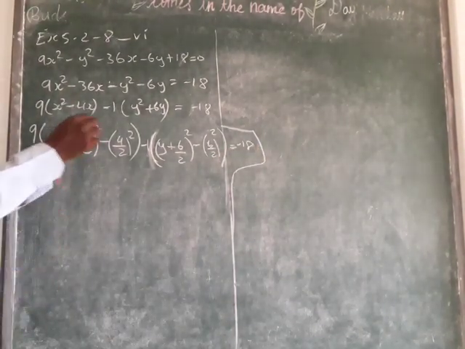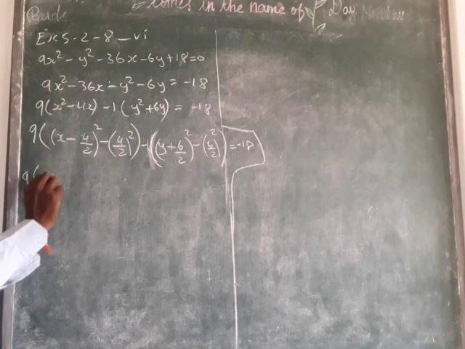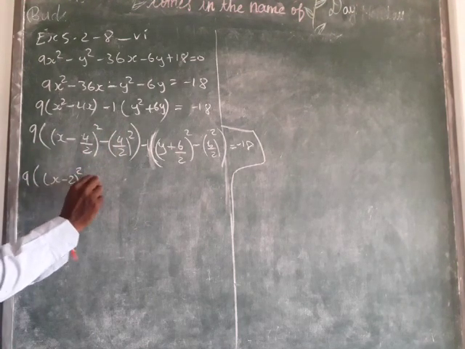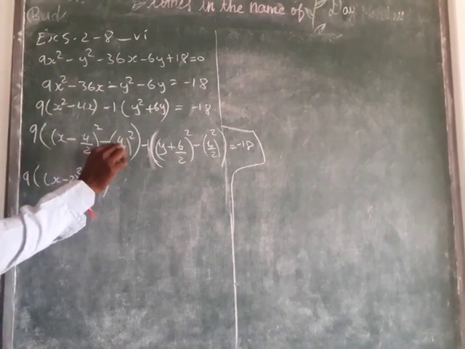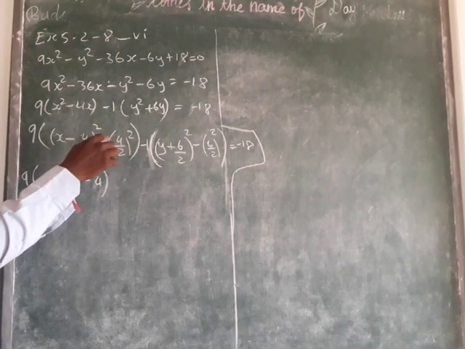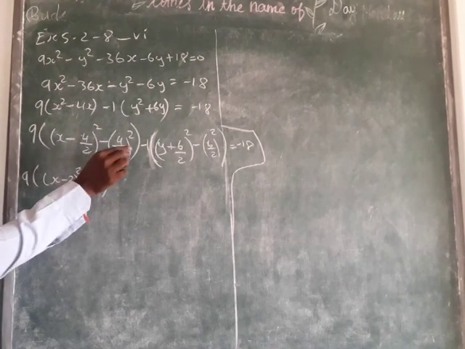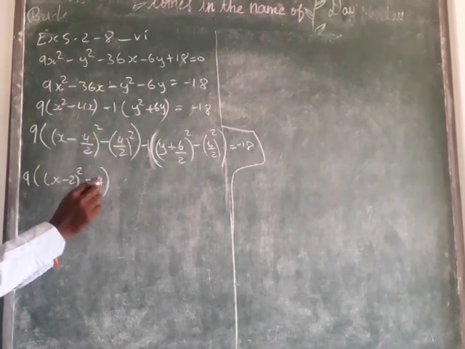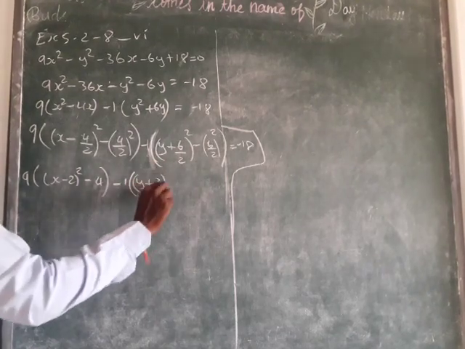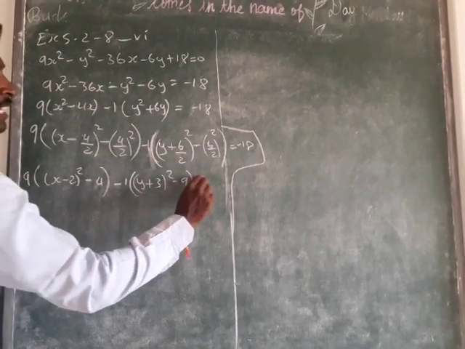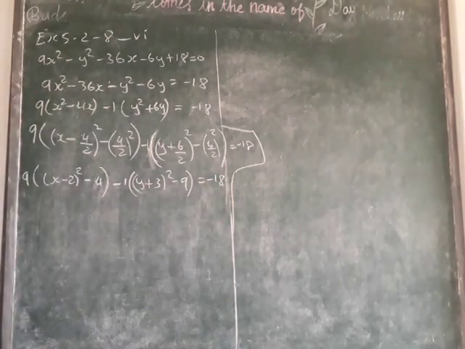Now we have to eliminate. So we have 9 into x minus 2 the whole square minus 2 squared, which becomes 4. The square is only for the number, not for the minus, so don't take the square as negative. Then minus 1 into y plus 3 the whole square, minus 9, equal to minus 18.